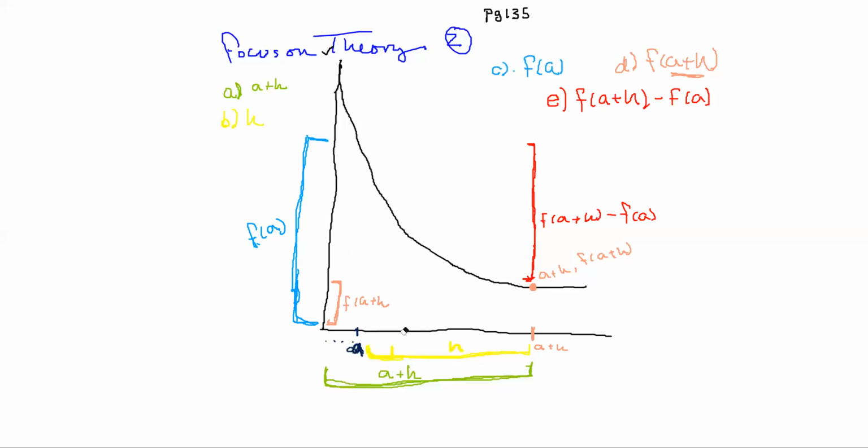So let's quickly label again. I'm going to move my h line and label it like this. So we have this f of A plus h minus f of A divided by this h.